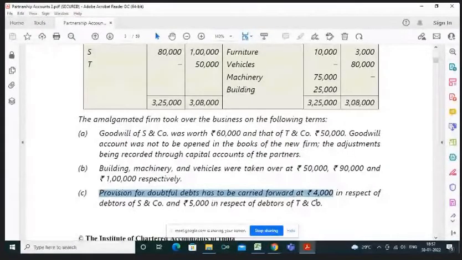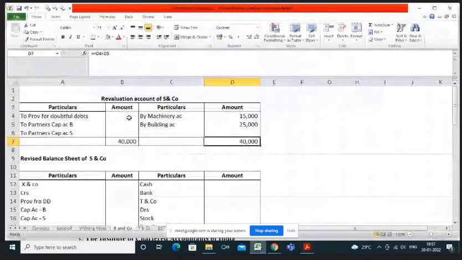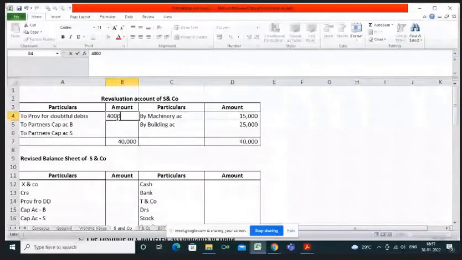But in the additional information C, they say provision for doubtful debts has to be carried forward at 4,000. Whenever you make provision for doubtful debts, our profits come down. So it's a revaluation loss. I'm showing 4,000 as the provision for doubtful debts.